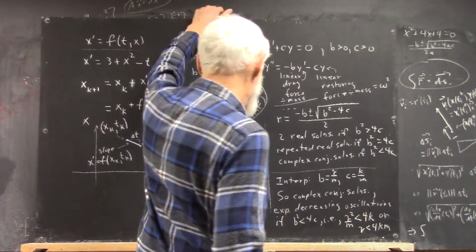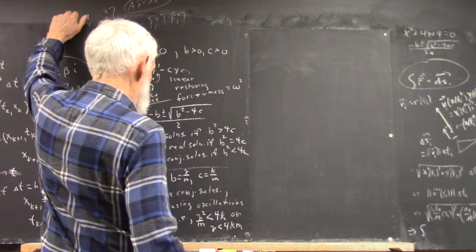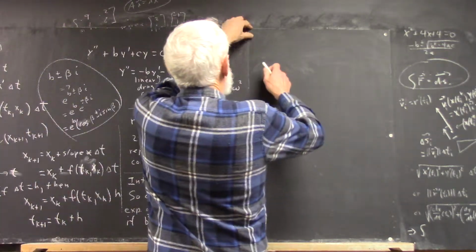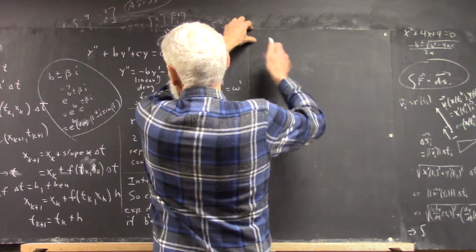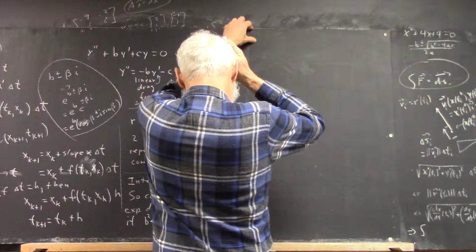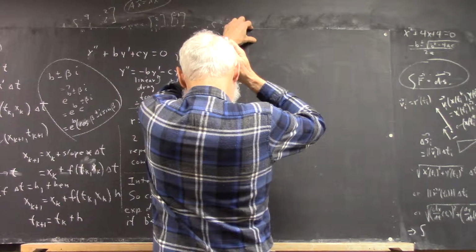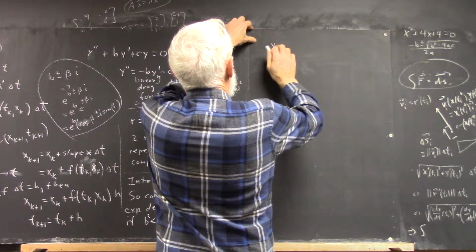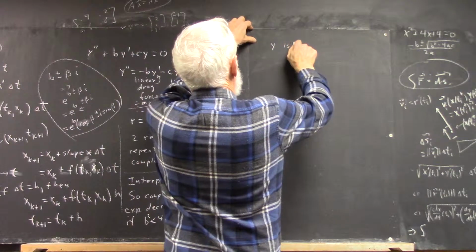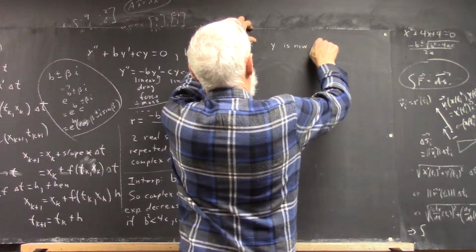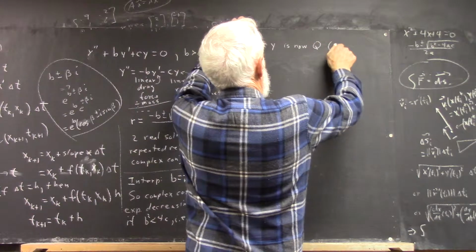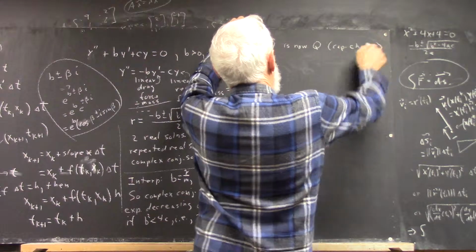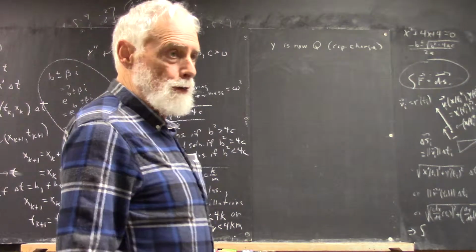Now for circuits. Y is now Q, which is the charge on a capacitor.